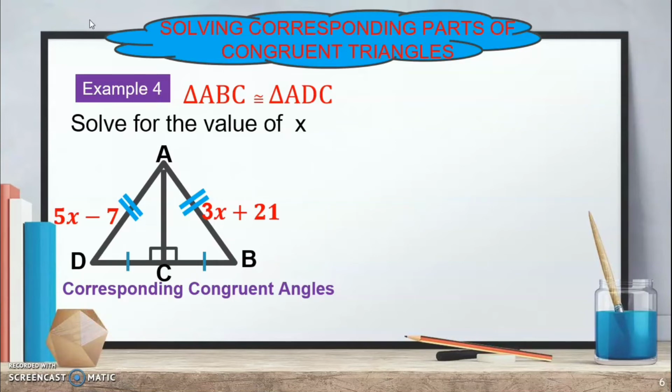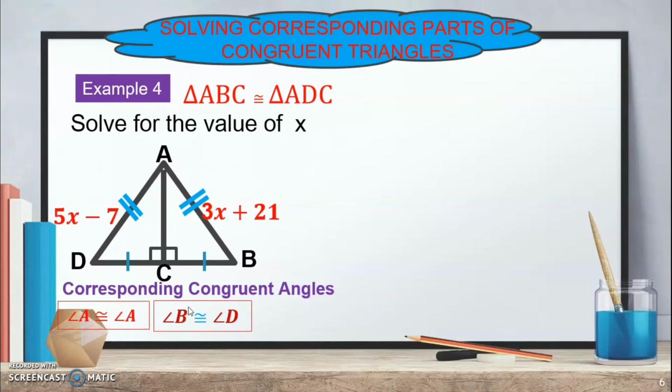Fourth example na natin. We have triangle ABC congruent to triangle ADC. Given is the three sides. So, we have SSS congruent postulate. We will identify the corresponding congruent angles. So, angle A is congruent to angle A also.